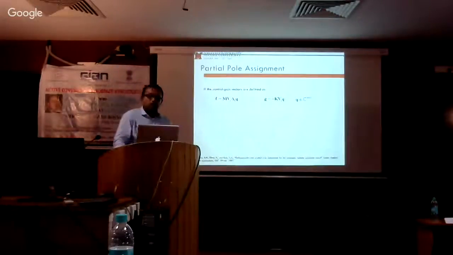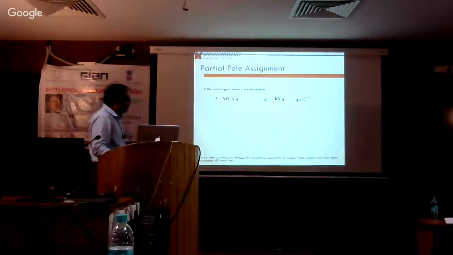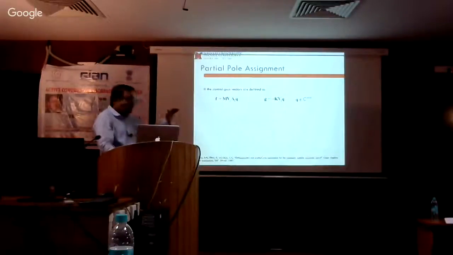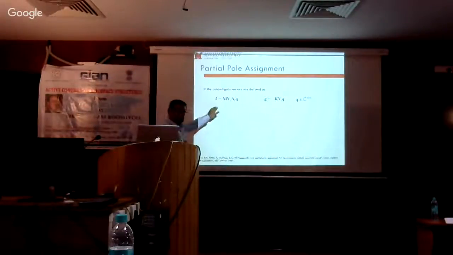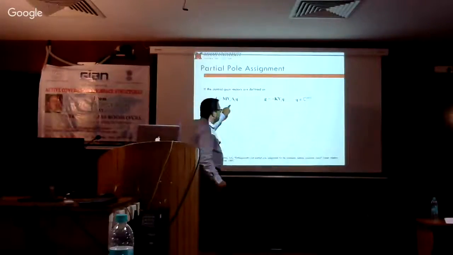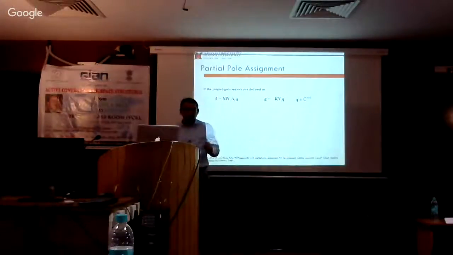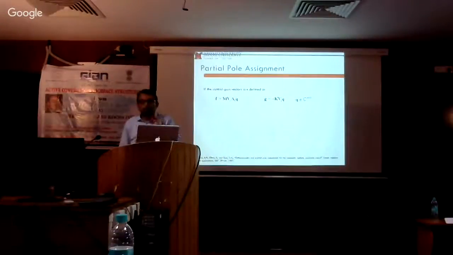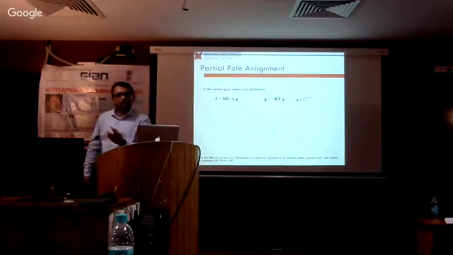And this is the most celebrated paper in this area, where Dr. Ram, who was my advisor, has shown that if you choose your feedback control gains F and G in this form, which means in order to design your control gain, you only need the mass and stiffness matrices, which I talked about, that you can get very accurately even from finite element software.